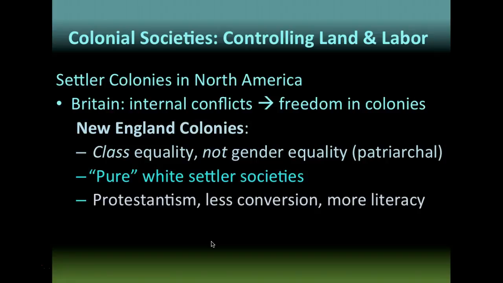And most of the British who come over into North America bring their Protestant traditions with them, their Protestantism, and there's a lot less attempt at converting the local population. They do not try to convert the Native Americans to Protestantism, whereas the Spanish are Catholic, and they definitely do try to convert the local population.